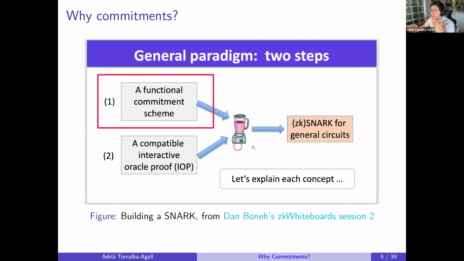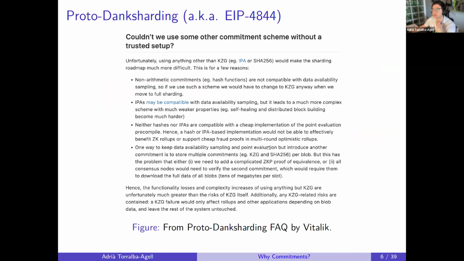Another motivation to learn KZGs is also because proto-danksharding, also known as EIP-4844, will need KZG in particular, and this is a screenshot from the frequently asked questions from Vitalik regarding proto-danksharding.